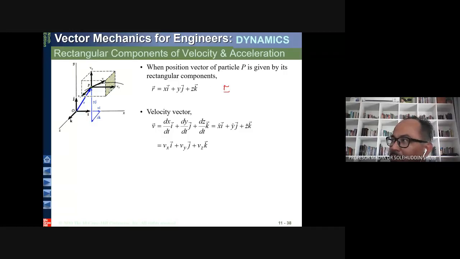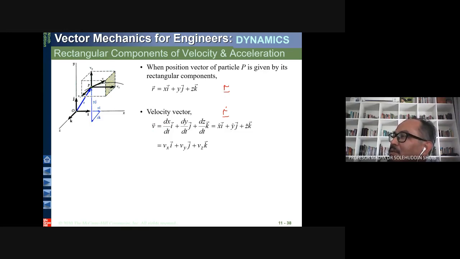Then to find the velocity, we differentiate, so we get r dot, which is the derivative dr/dt.